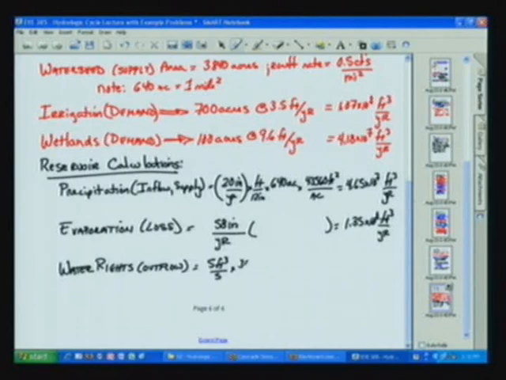We have our seconds per hour, our hours per day, and our days per year, and that will yield for us 1.58 times 10 to the 8 cubic feet per year.